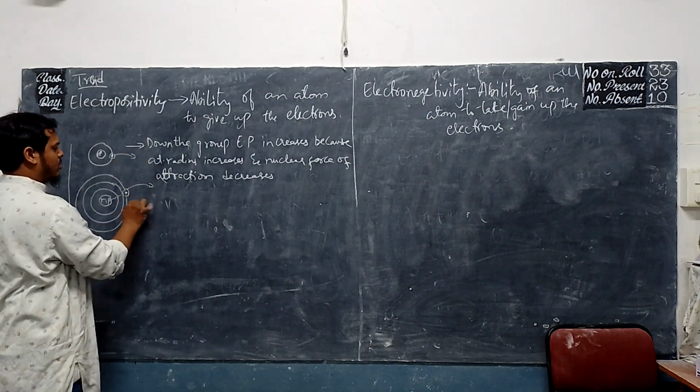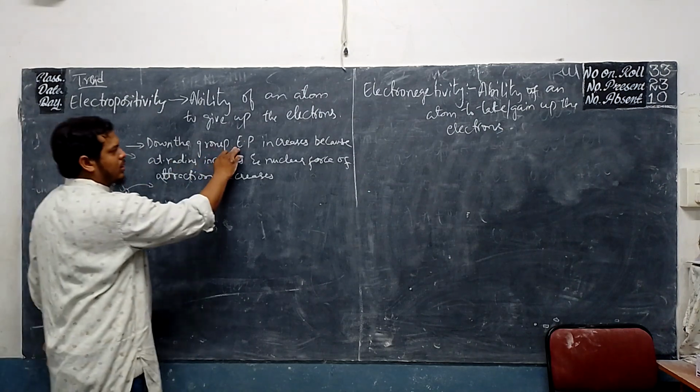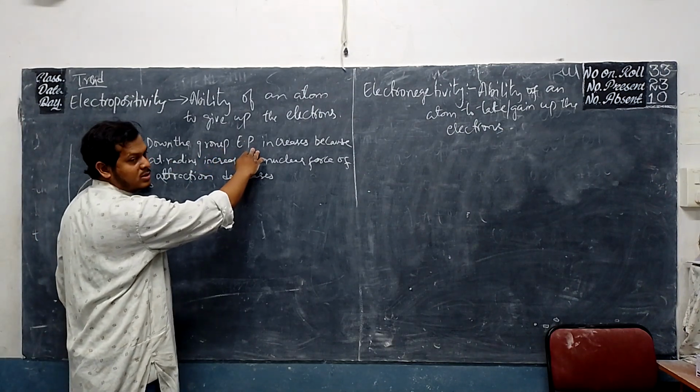So this is one point. Second point, across the period, opposite of it. Across the period, electropositivity, what happens?